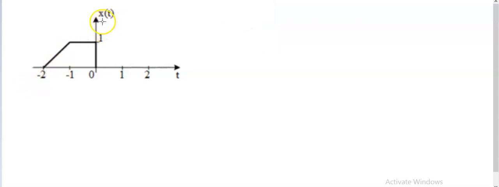So basically when we see x(t), it has four regions of discussion. First region is when t is less than minus 2, then when t is between minus 2 and minus 1, when t is between minus 1 and 0, and when t is greater than 0. तो इन चार रीजन में इसके चार तरीके के बिहेवियर है. इस रीजन में x(t) is 0, इस रीजन में भी x(t) is 0.